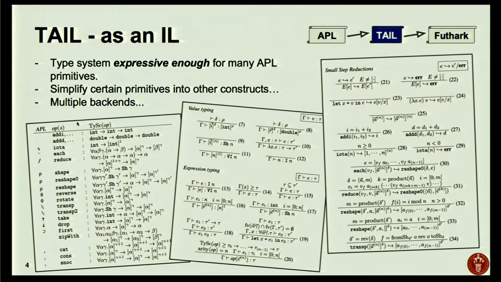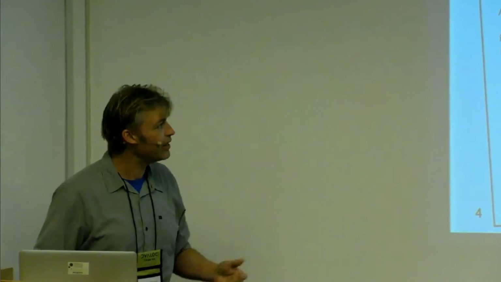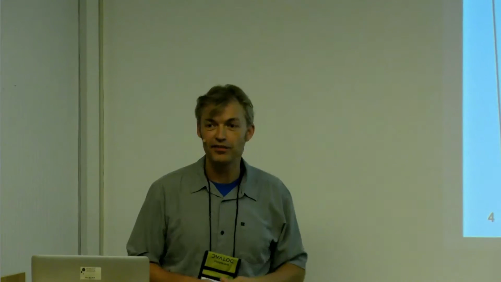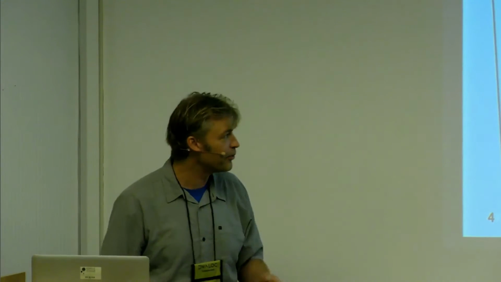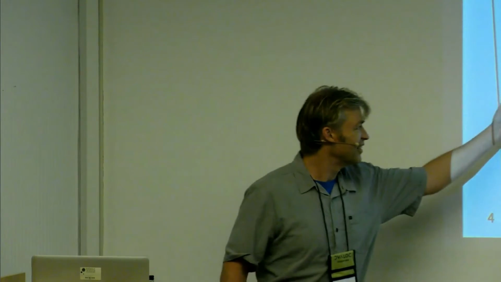You can see here for each of them, once you have done some overloading, we assume that for instance rotate has this kind of type. It takes an integer, and then some array of some rank, and gives you back another array of the same rank. So that's the type here of rotate.